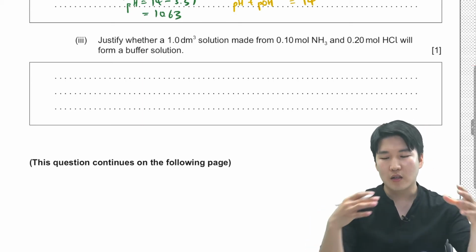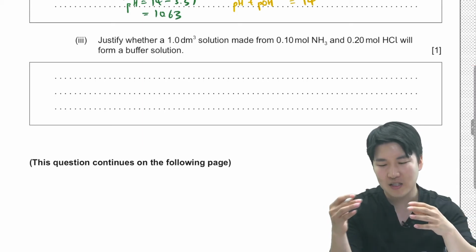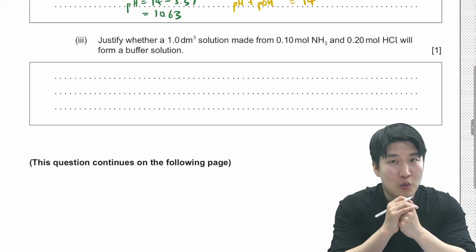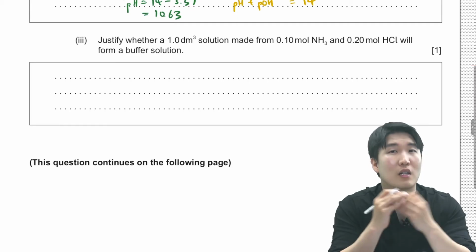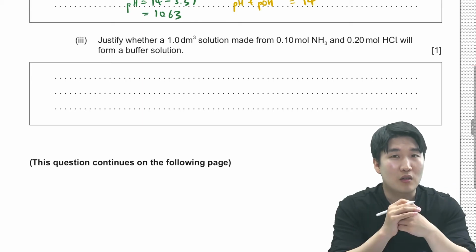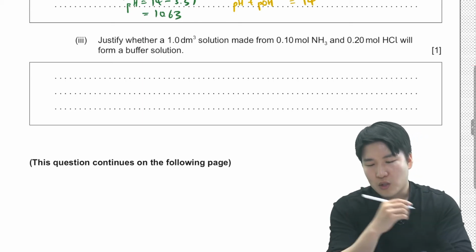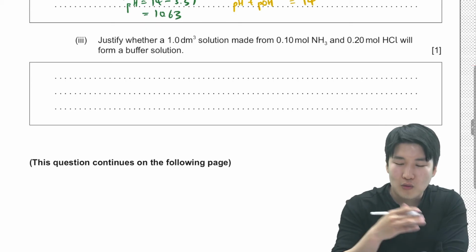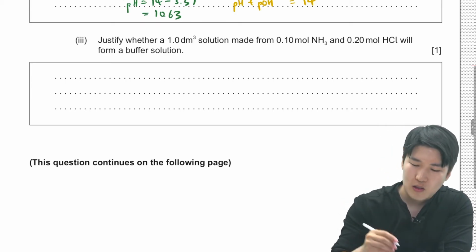Therefore, when the weak base reacts with strong acid, yes, we will produce ammonium ion, but we will completely neutralize all of the ammonia that we started off with, so that we don't actually end up with any ammonia, with any weak base to counteract H plus addition.